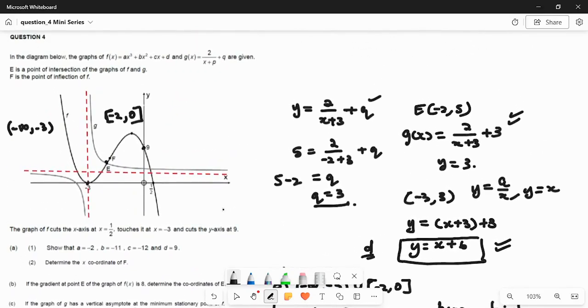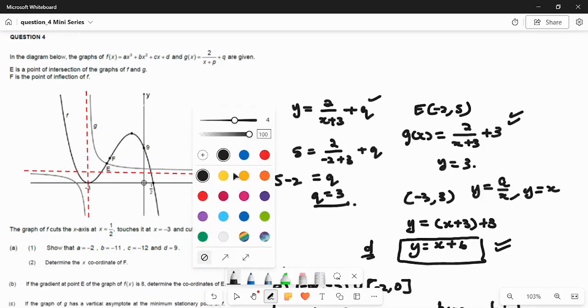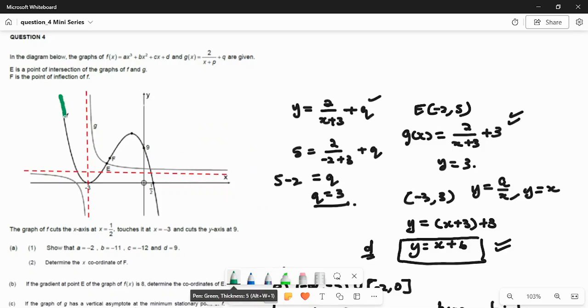So what I will do here, just to represent this geometrically, or rather show how I arrive at my solution, let me use a different pen. Let me use a green pen, and let me use a bold. So let me just do a duplicate of my function of f.